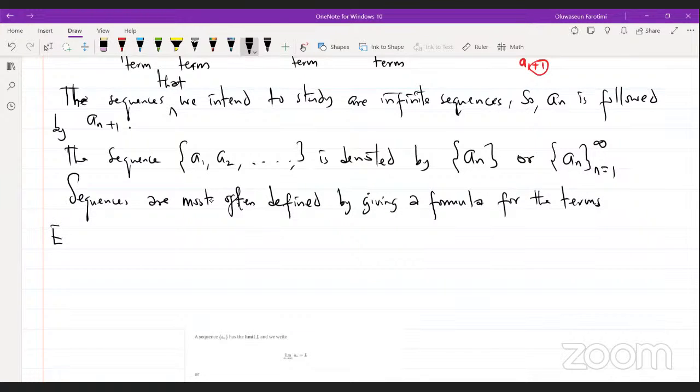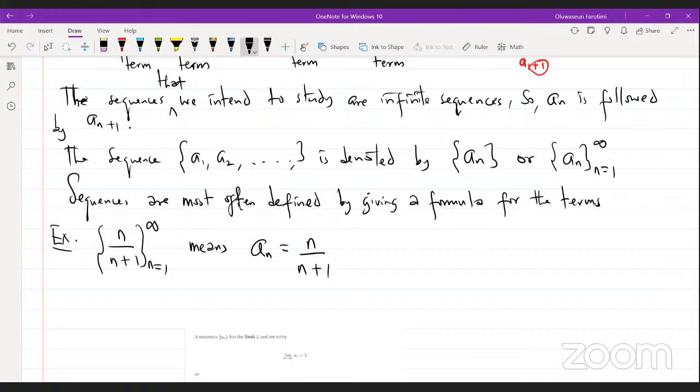What does this mean? A first example. If I have a sequence, of course this is infinite, I can put n from 1 to infinity. What does this mean? This means that your nth term is going to be n over n plus 1.